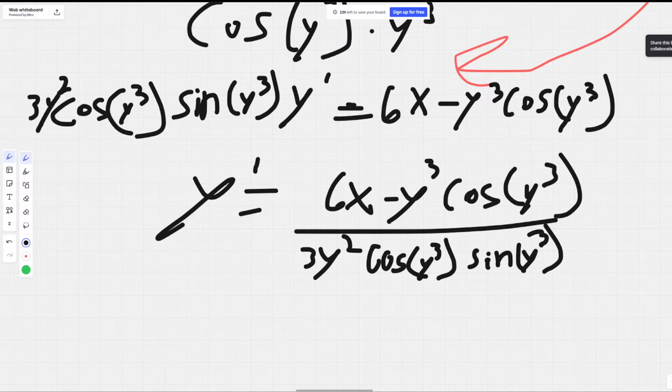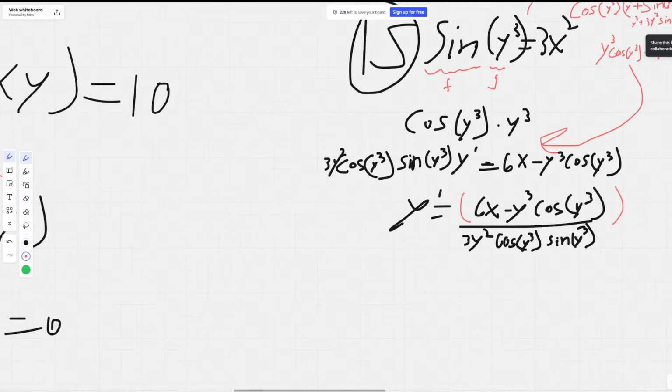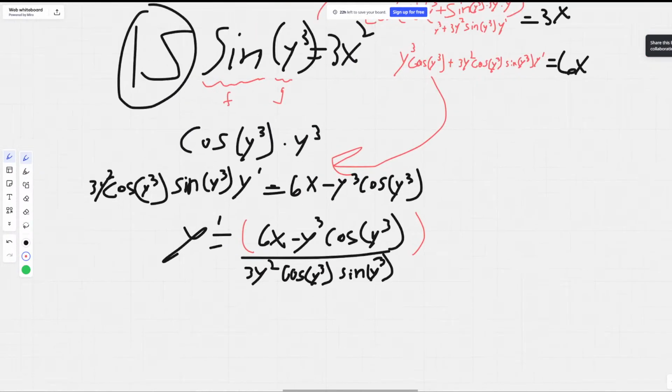Now, normally I would take out this cosine, right? But that 6x minus y cubed makes it a whole thing in of itself. So thus, alas, I cannot. We'll see if that one is accurately right or not.